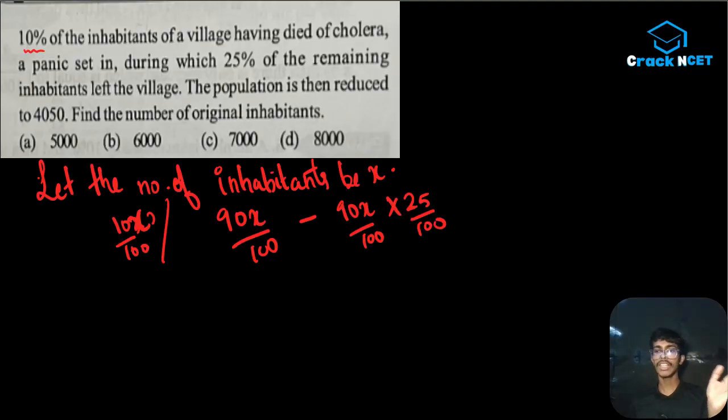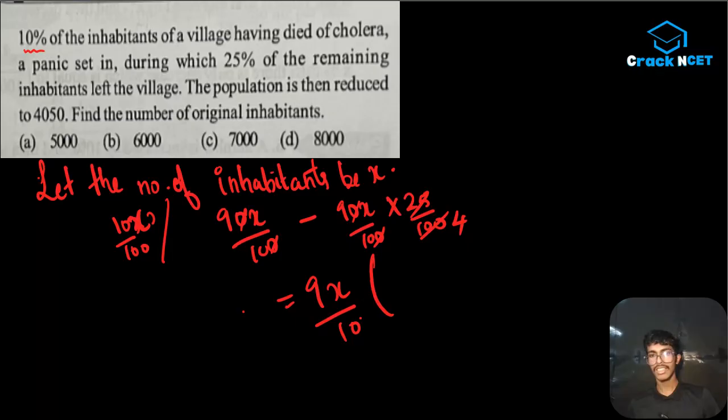So what is left initially minus that left amount into its 25%. So find out its value. And after cancelling here, what will happen: 9x by 10 into 1 minus 1 by 4, which is equal to 9x by 10 into 3 by 4.